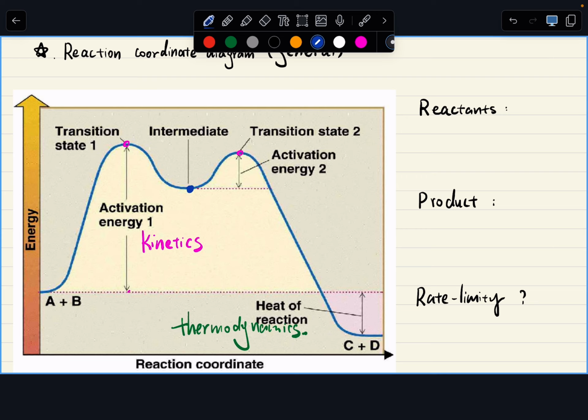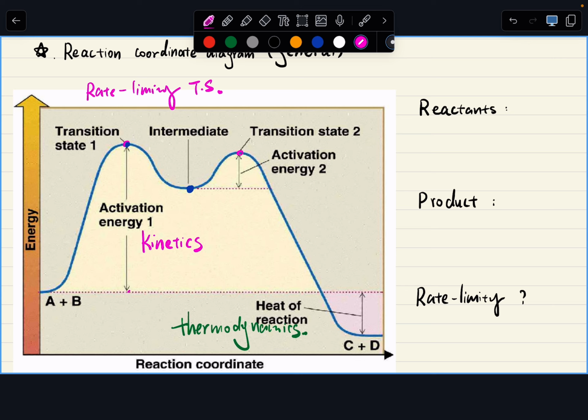And whenever we have a two-step reaction, we're always talking about the highest point being our rate limiting transition state. All right, so these are some of the terminologies I might be using when we're talking about the reaction mechanism of each reaction.